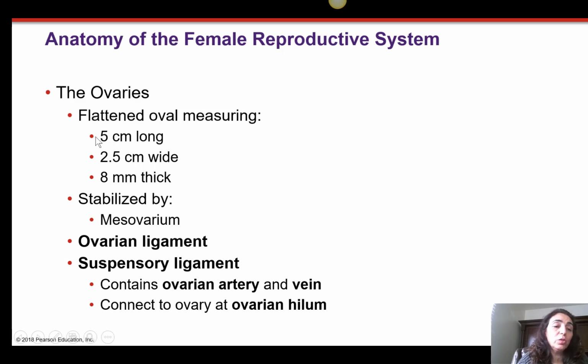As you see, the usual size is about 2 inches. And it is important because if the ovary gets much bigger, it might be something wrong. It might be a cancer or something producing more cells, or might be a cyst or something.